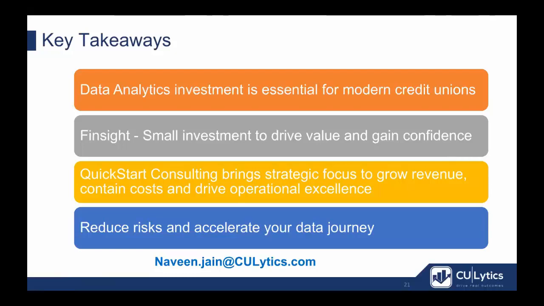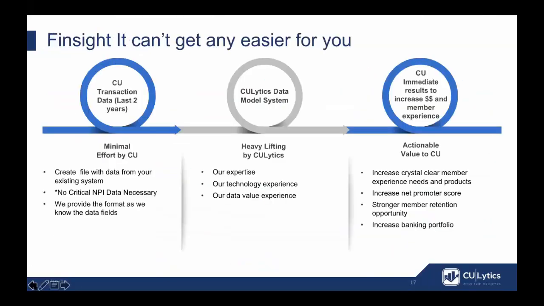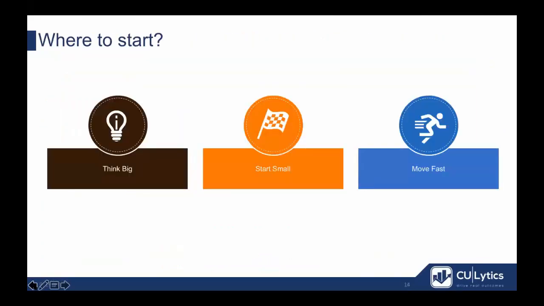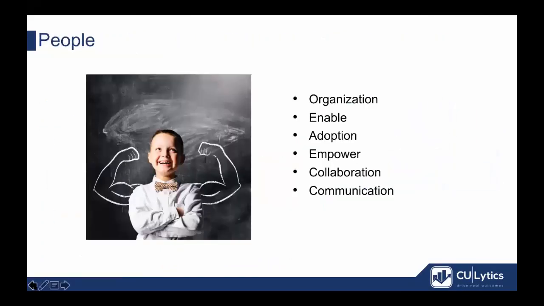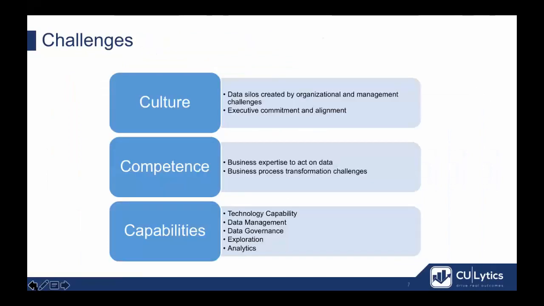So I think when we think about culture, competencies and capabilities, they all go hand in hand. But for any organization to succeed in their data transformation journey, culture is the most important thing, because that is where the people aspects come in.